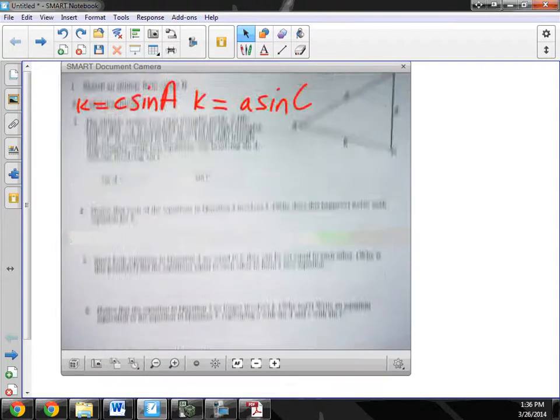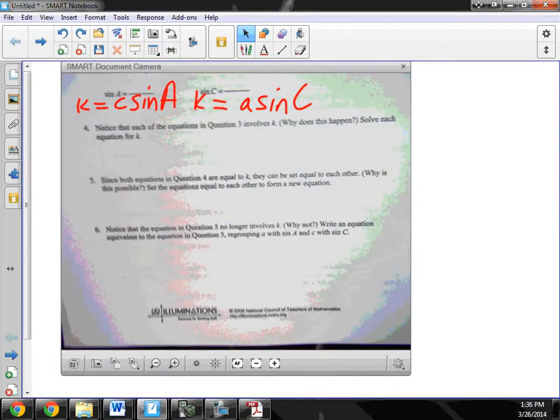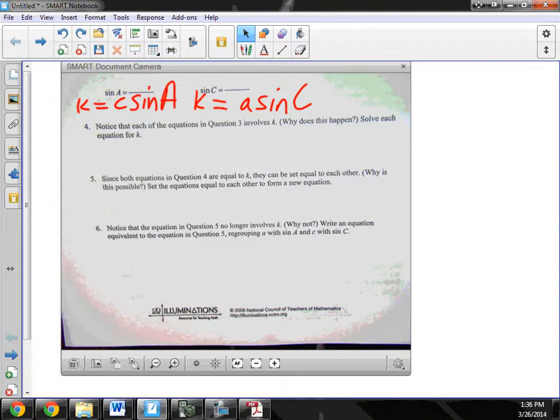So now let's go down. Since both equations in question 4 are equal to K, they can be set equal to each other.